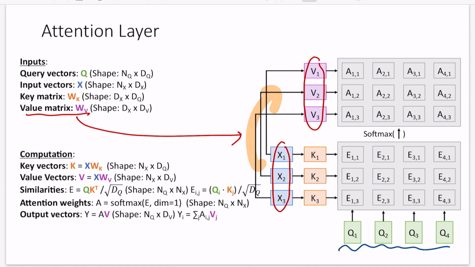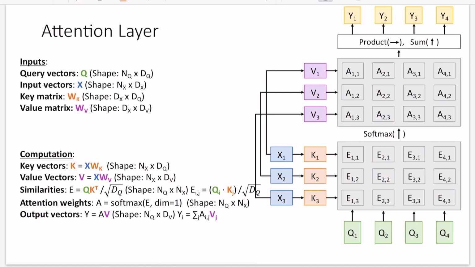Then finally, we compute the weighted sum of V1, V2 and V3 given A11 to A13 as the weights. So your Y1 is going to be A11 times V1 plus A12 times V2 plus A13 times V3.